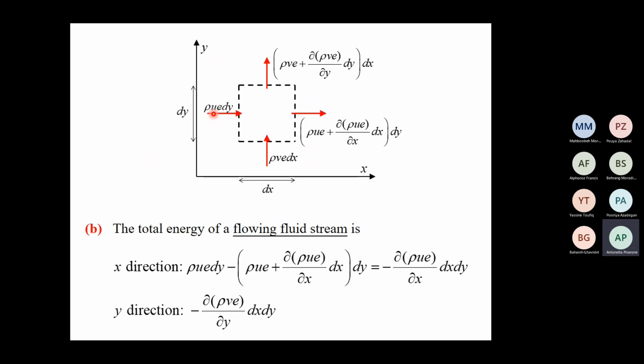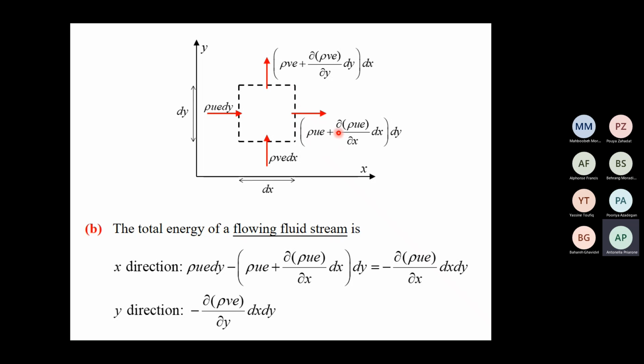So density is rho, the velocity x component is u, and the area in the direction normal to u is dy, by 1 in the direction normal to the plane. That is the inlet contribution in the x direction. Similarly, in the y direction, I have rho v dx as the mass flow rate in that direction, multiplied by E, the energy content per unit mass. Are you following me? Yes, Professor.